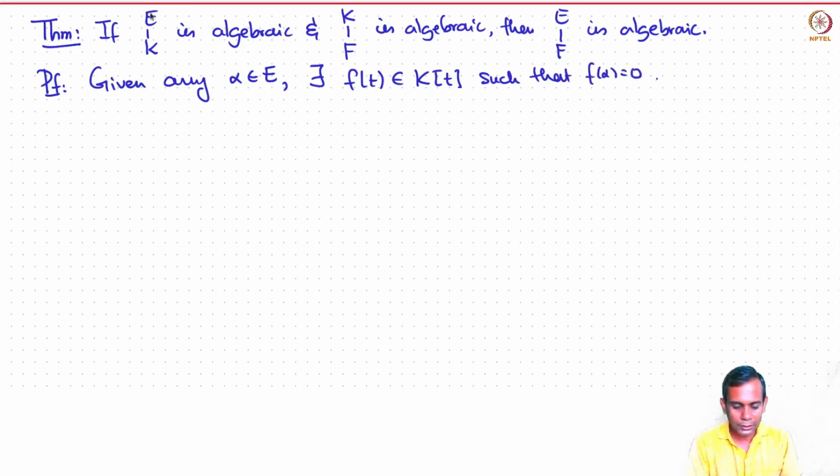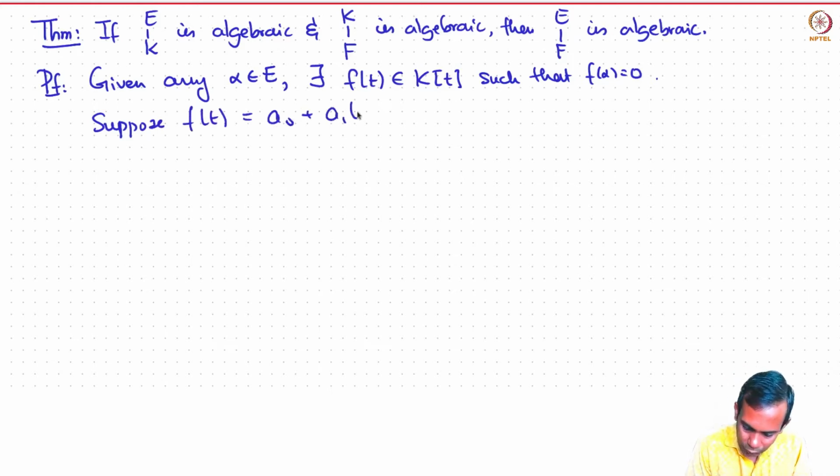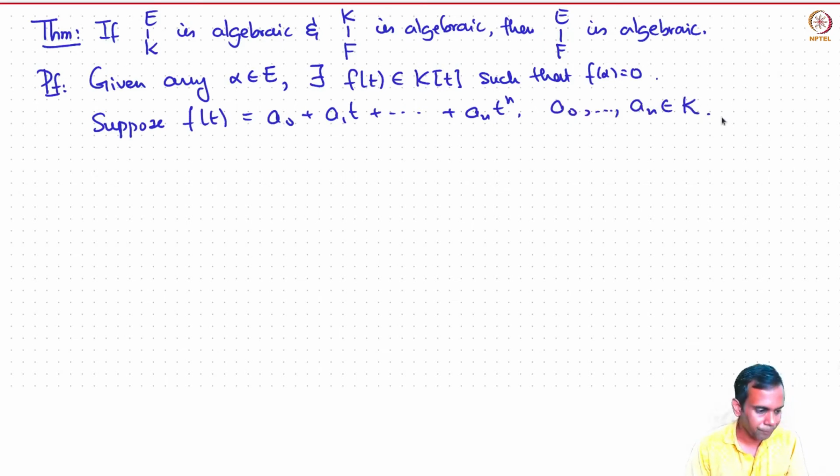This is just because alpha in E is algebraic over K. And so you have a polynomial with coefficients in K. So suppose f(t) is of the form a0 plus a1 t plus ... plus an t to the power n, where a0 up to an all have to be elements of K. Now, what we want to show is that the degree of F alpha over F is finite.